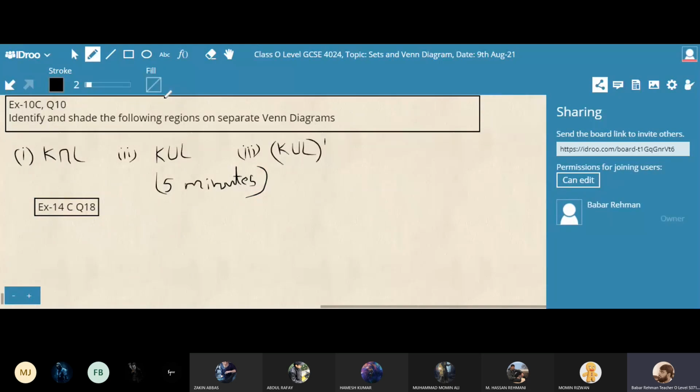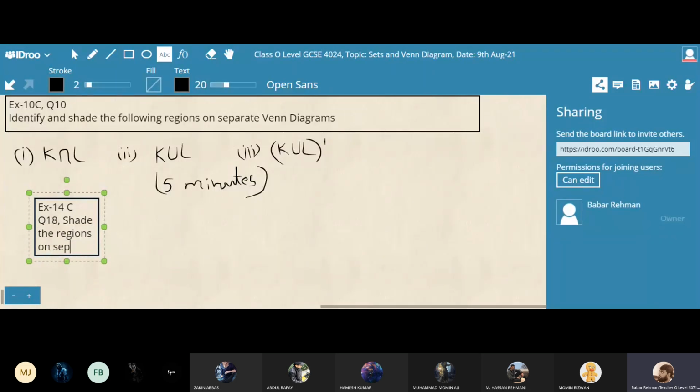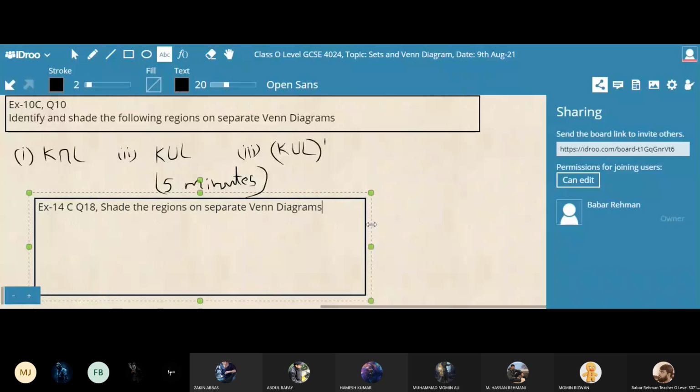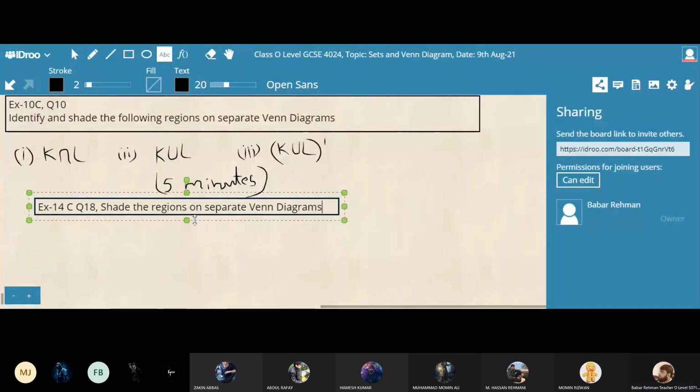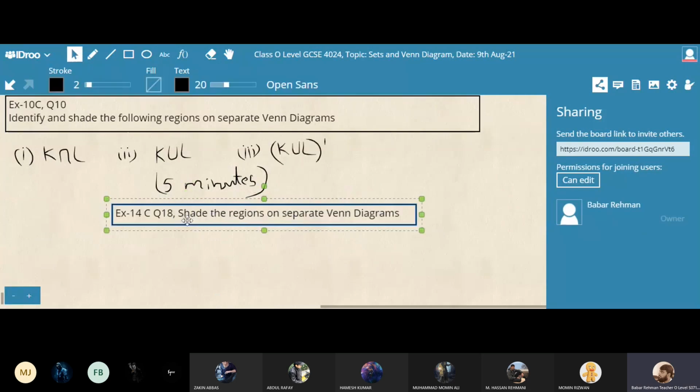The same thing, students, shade the regions on separate diagrams.